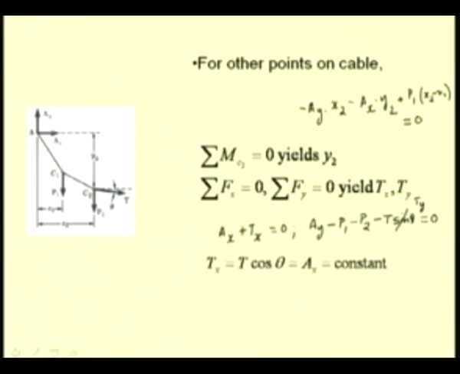That is because we do not have any horizontal loading in the cable. So, the horizontal component of the tension is always equal to the horizontal component of the end reaction. This is useful in certain analysis.